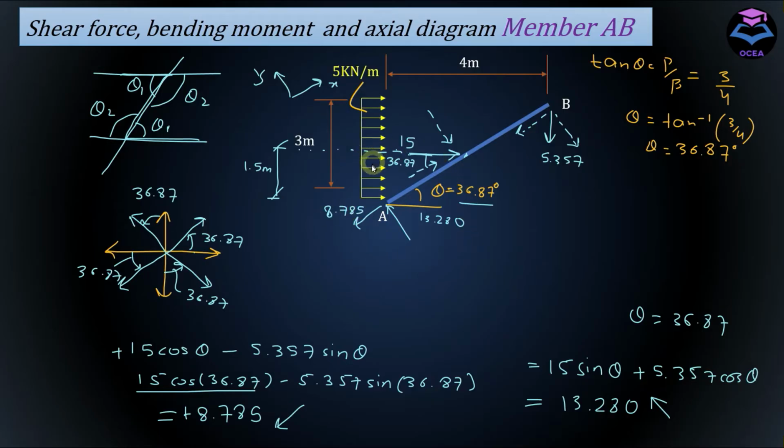Now we need to resolve this UDL into components which are parallel to this member AB and perpendicular to this member AB. So let's do that.